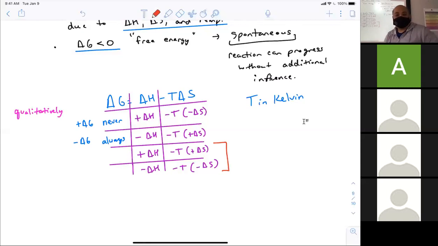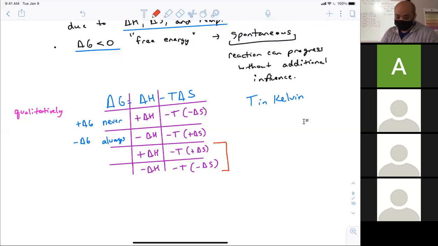What are these last two dependent on then? How big delta H and delta S are in relation to each other. Let's assume that delta H and delta S are constant. So there's only one variable you can change here. What variable can you actually manipulate in this reaction?